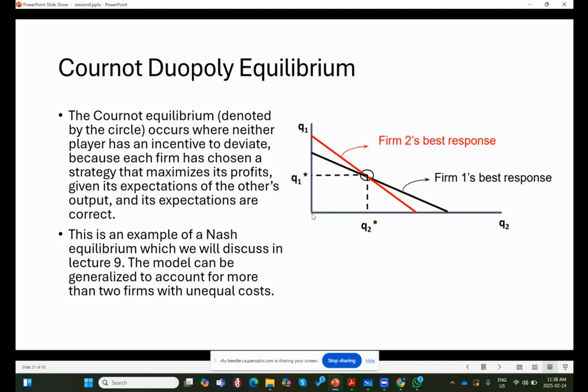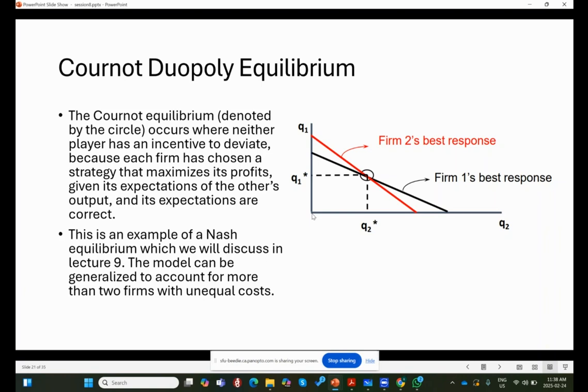Anywhere except this point, each firm has an incentive to deviate, to either decrease or increase the quantity, because they are not maximizing the profit at any point other than Q1 star and Q2 star. This point is called the Nash equilibrium in game theory, right?